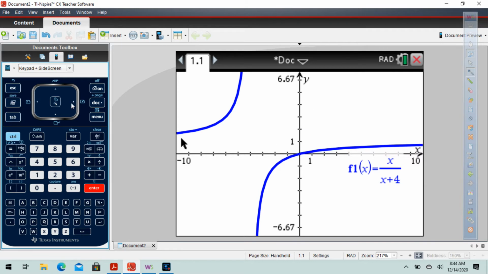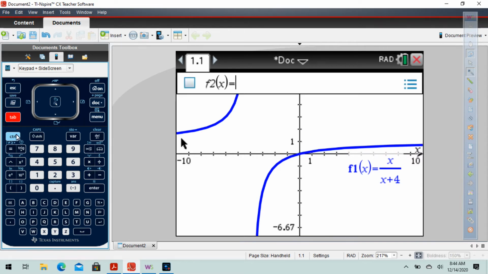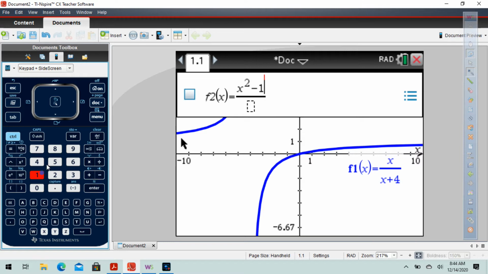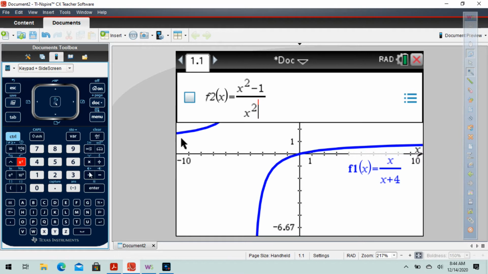Now let's put the original in. Control, divide. I got x squared minus 1 over x squared plus 5x plus 4. And this is going to be multiplied by, control, divide, x squared over x squared minus x.